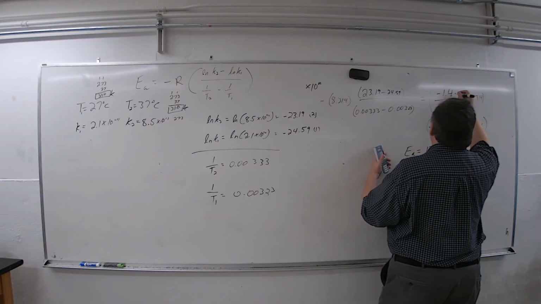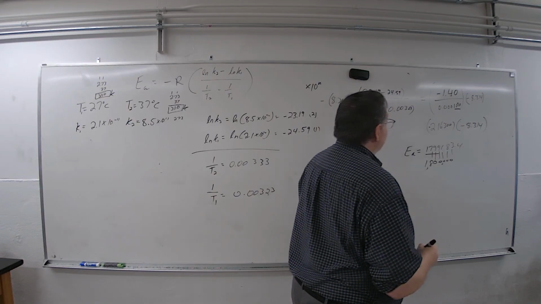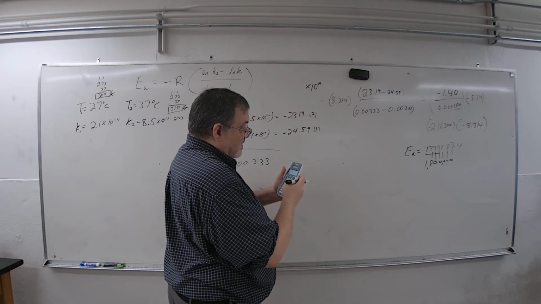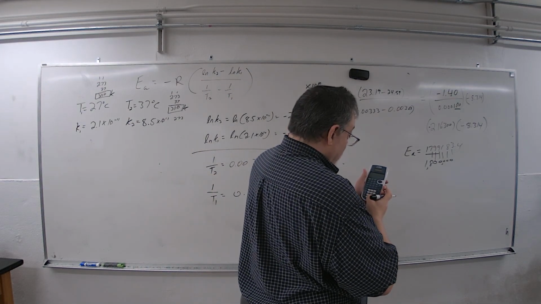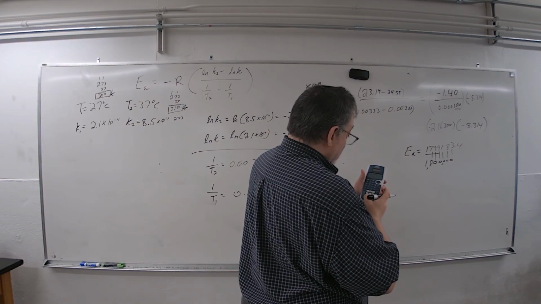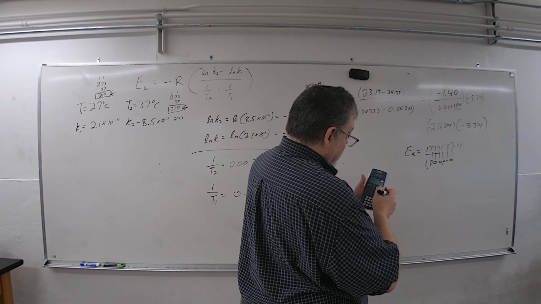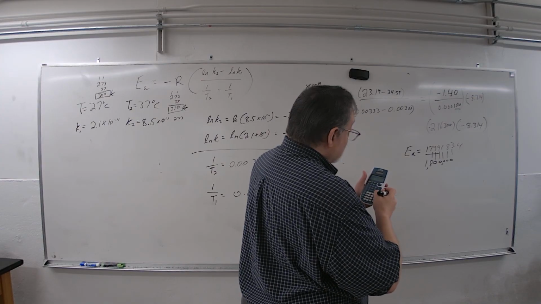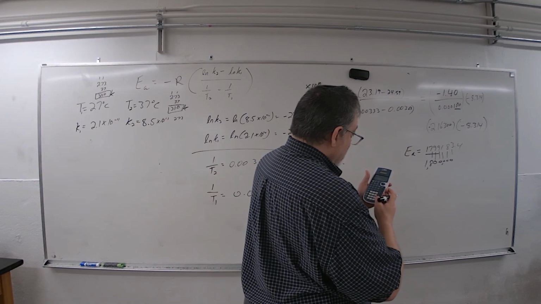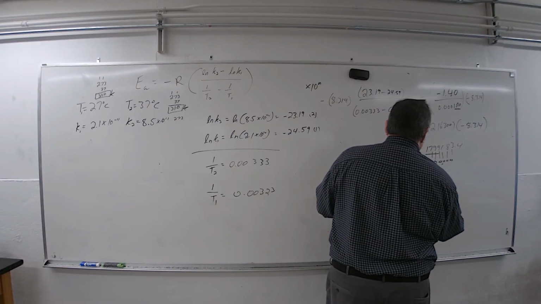And that should come out. So 3 significant figures. 001. Times 8.314. Now I get. That's what I get now.